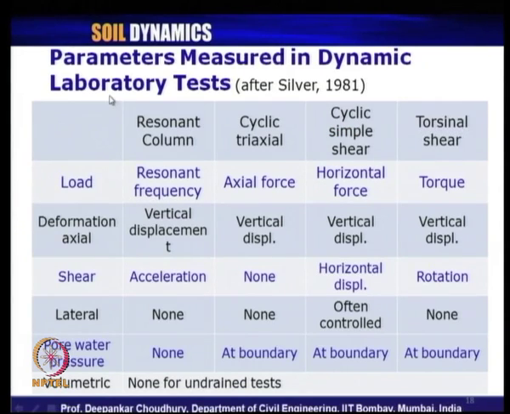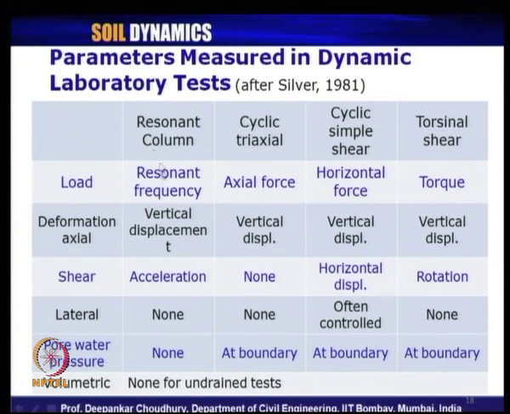Now, the various parameters which are measured during the cyclic or dynamic laboratory test in different test procedures are listed in this table. It is also given by Silver 1981, the summary of the different laboratory tests like resonant column test, cyclic triaxial test, cyclic simple shear test, cyclic torsional shear test, and whether these parameters are measured or not is mentioned in this way.